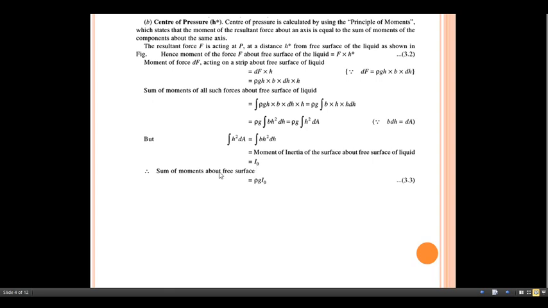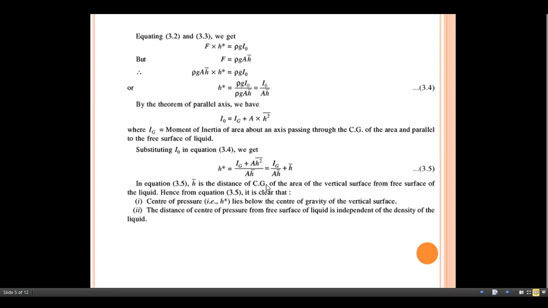Let's consider this as I naught. The sum of moments about the free surface is nothing but rho g multiplied by I naught. In this way you can get the value for the sum of moments about the free surface, rho g into I naught.